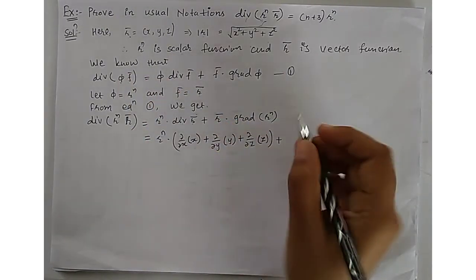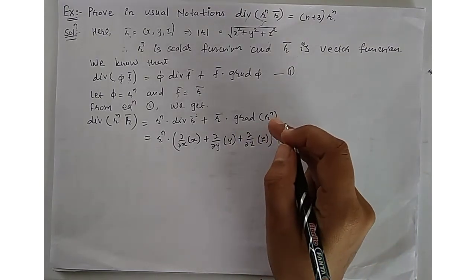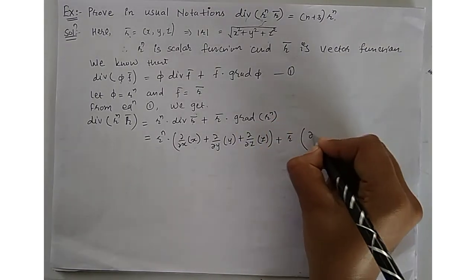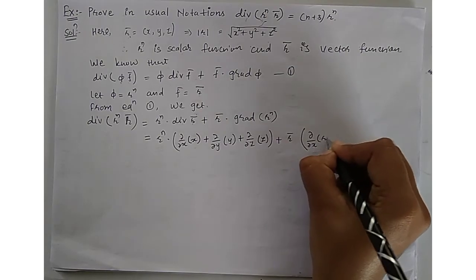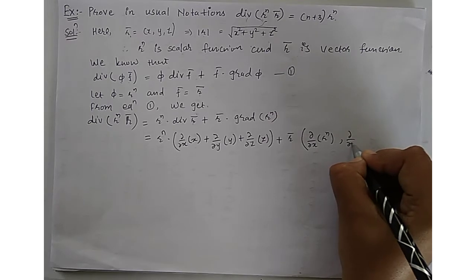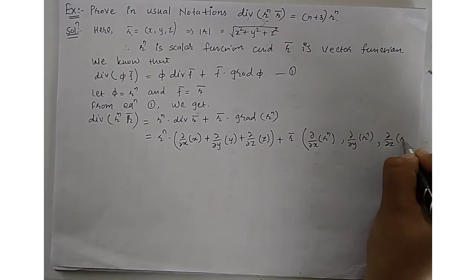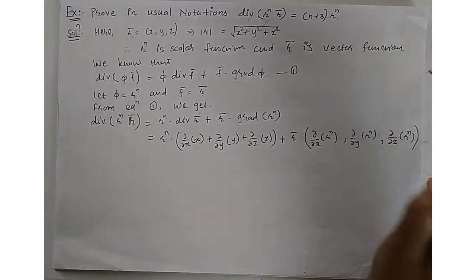So plus r bar into gradient of r to the power n, that is del by del x of r to the power n, del by del y of r to the power n, and del by del z of r to the power n.